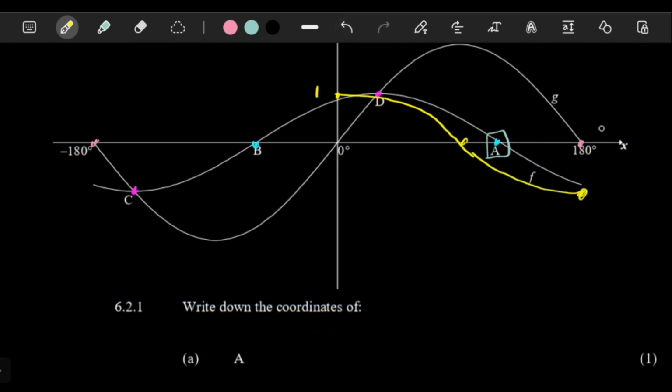So if the graph of f is the cos graph, this would have been a 90, where it cuts the x-axis.